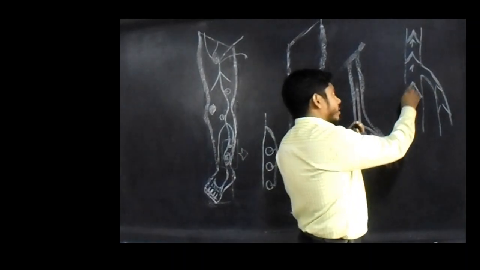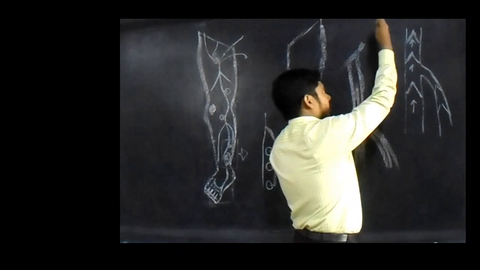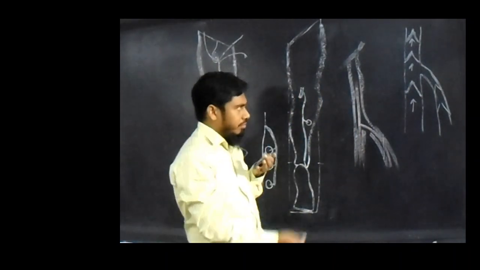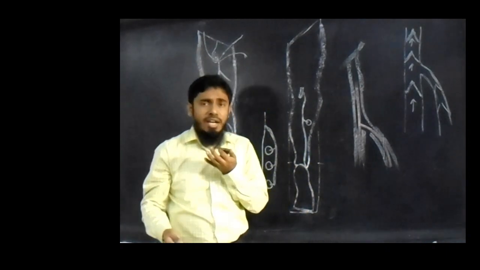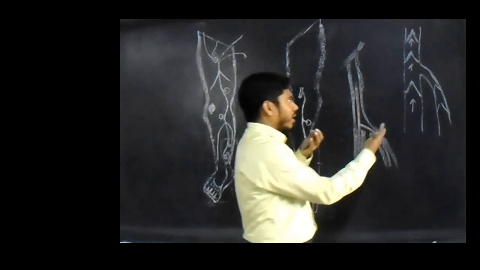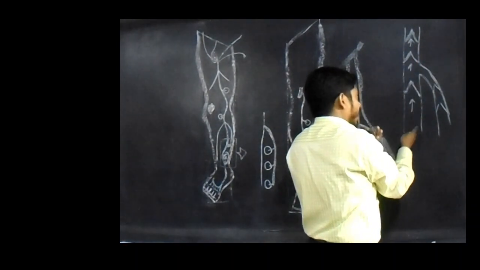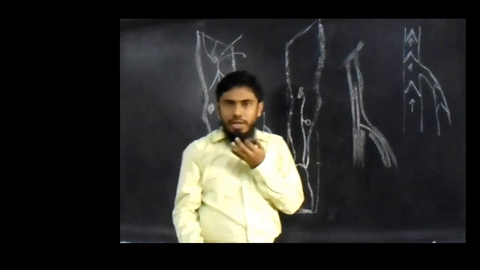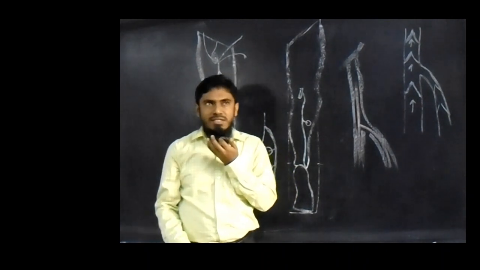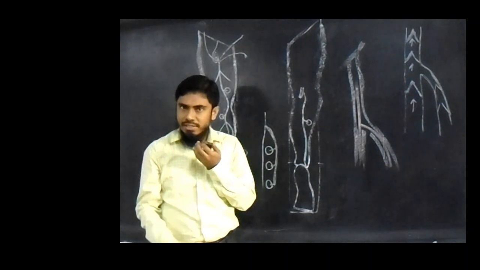Again, if there is no valve present in the vein, what will happen? The total channel is full of blood, and when the factors that help in returning the blood towards the heart act, a very small amount of blood will go up, and then all of the blood will come down when they stop their action, because one muscle does not contract all the time. It will contract, then relax, then contract, then relax, isn't it?